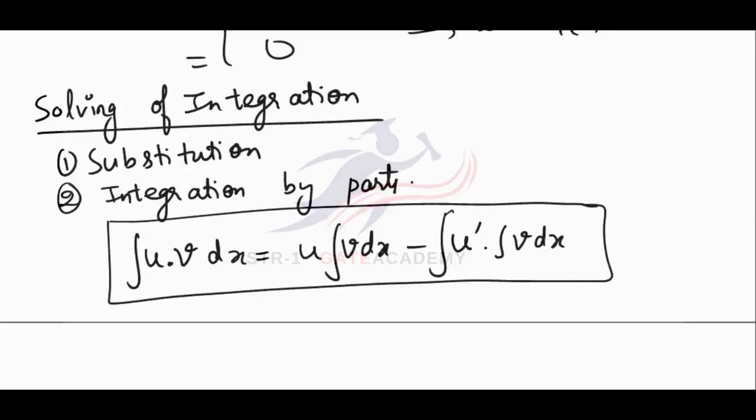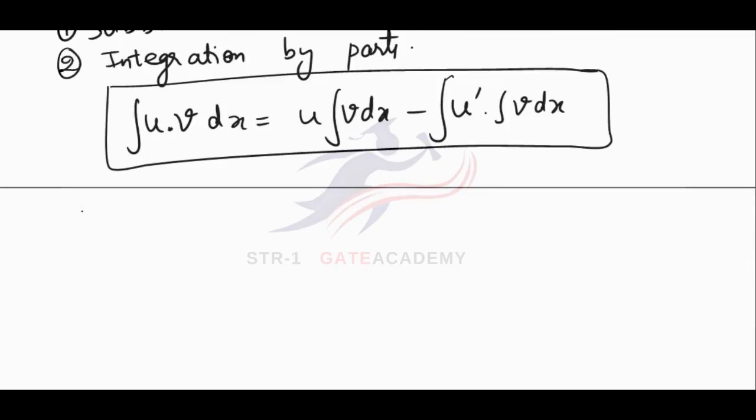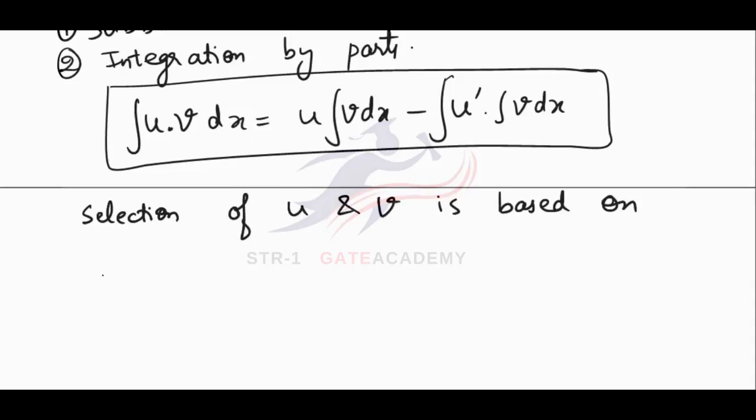And how do you select u and v? Selection of u and v, or I would say the first function and second function, is based on the LIATE rule.